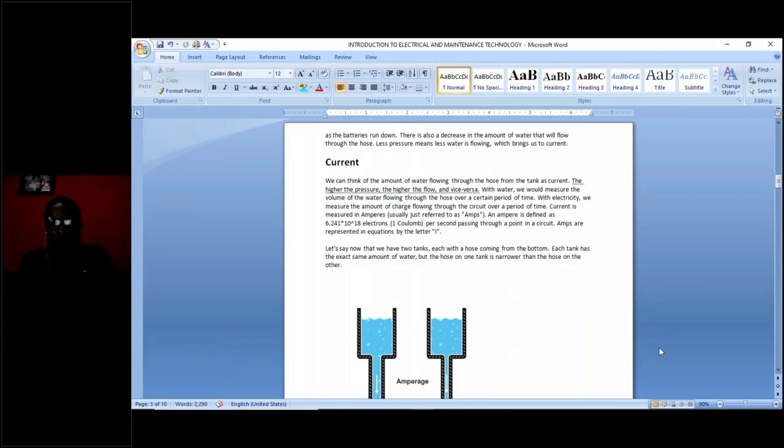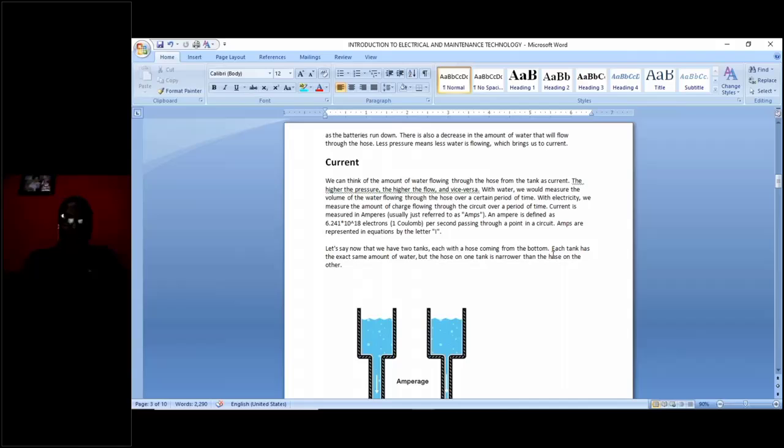With water, we would measure the volume of the water flowing through the hose over a certain period of time. With electricity, we measure the amount of charge flowing through the circuit over a period of time. Current is measured in amperes, represented as amps.